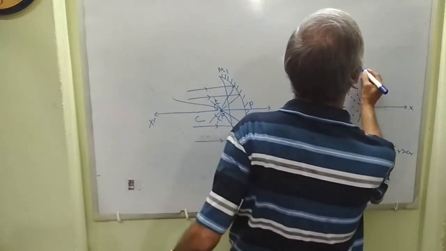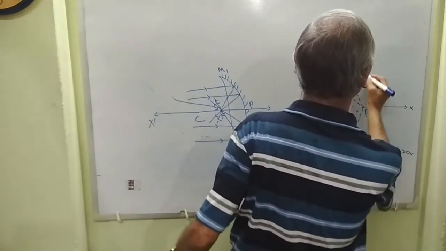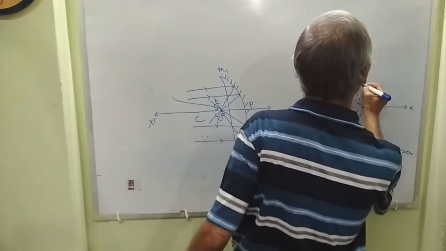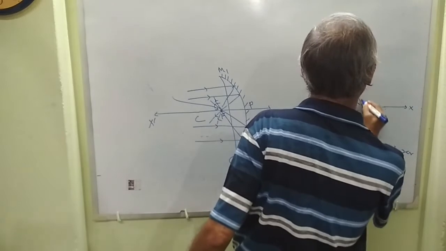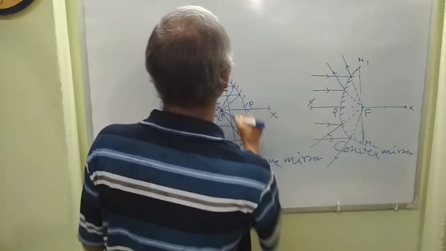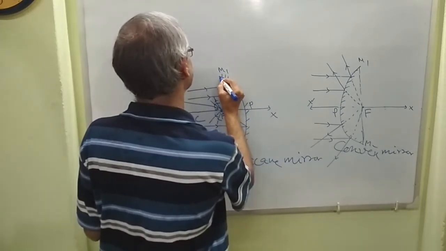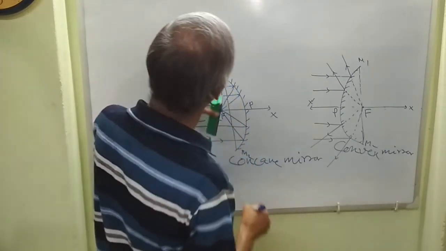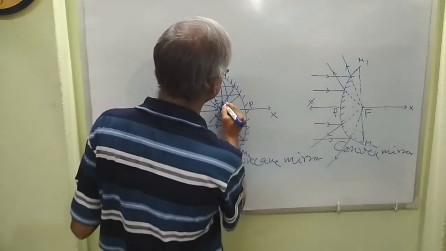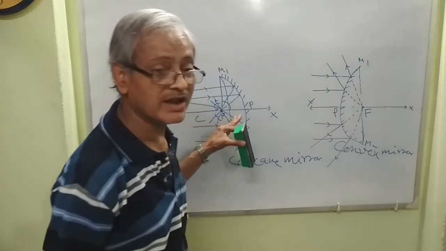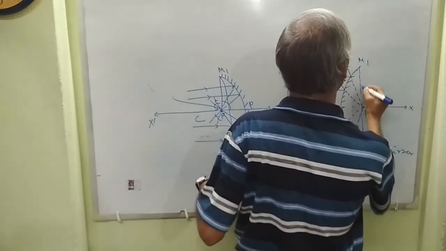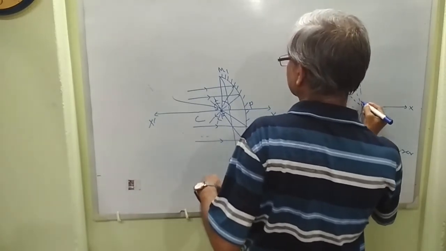We join these two points M1, M2. This becomes the aperture. Or the angular aperture is this. If we draw M1 F, then this angle is the angular aperture.